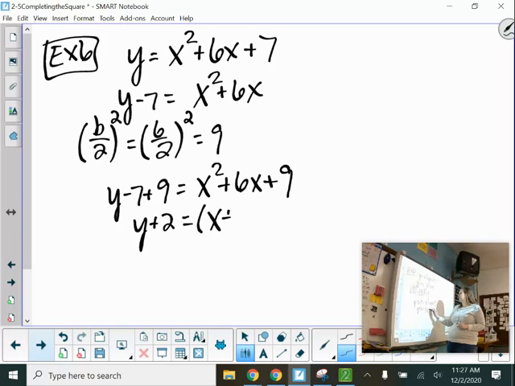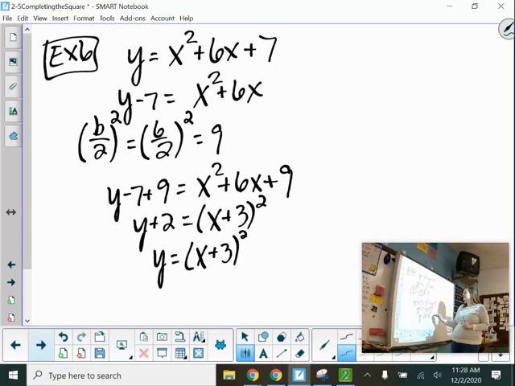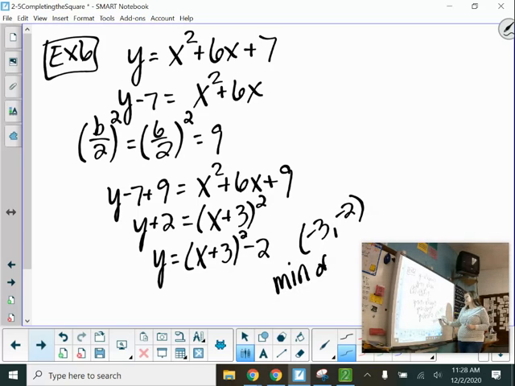This factors into x plus 3 squared. Subtract the 2 back over. I have x plus 3 squared minus 2. So your vertex here is -3, -2. And it would be a min of -2. Min because a is positive, so your graph is opening up. When it's opening up, it's going to have a minimum.